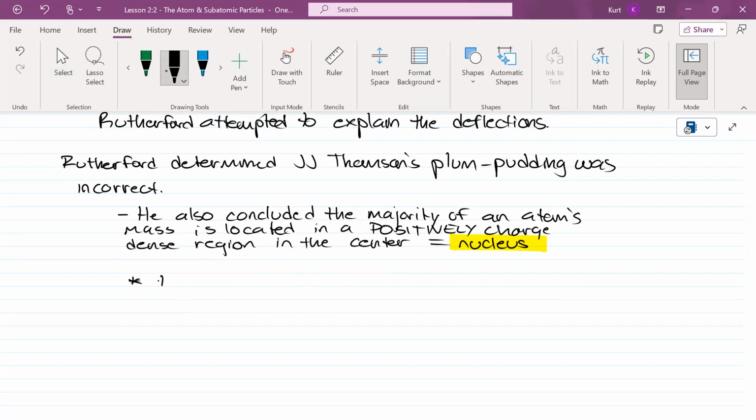As I just said, the positive nucleus and the negative electrons balance into a neutral charge.